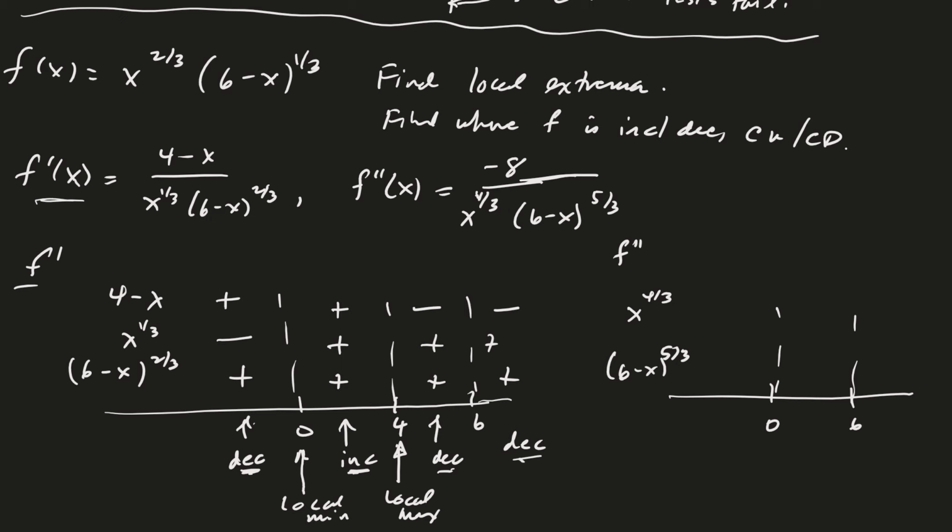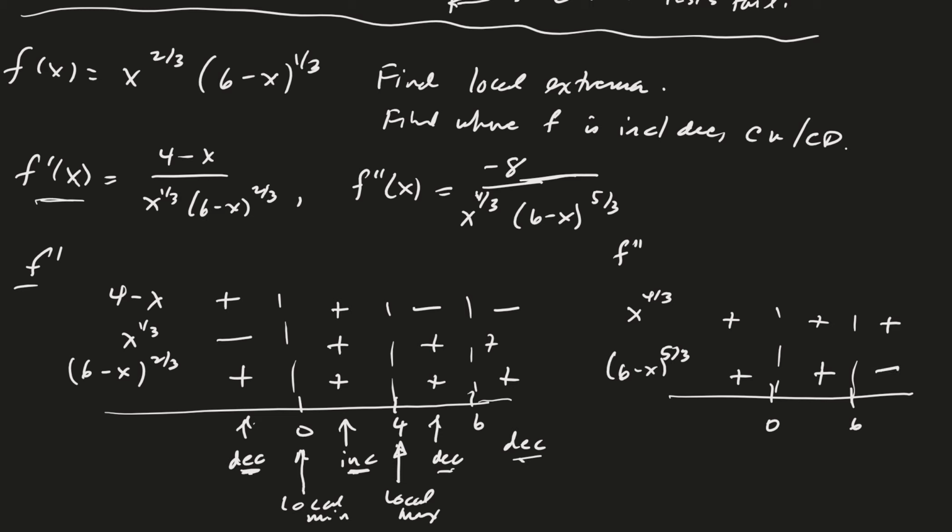That's the cube root to the 4th power, and so that's actually going to be positive everywhere. And then 6 minus x to the 5/3, let's see, so if x is negative, 6 minus x is positive, so that's going to be positive. And then between 0 and 6, for example, x equals 1, that's still positive. And then if x is bigger than 6, like 7, that would be minus 1 to the 5/3 power.